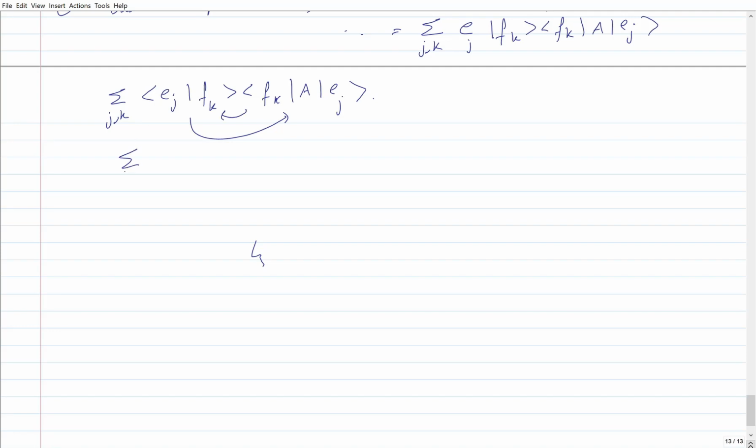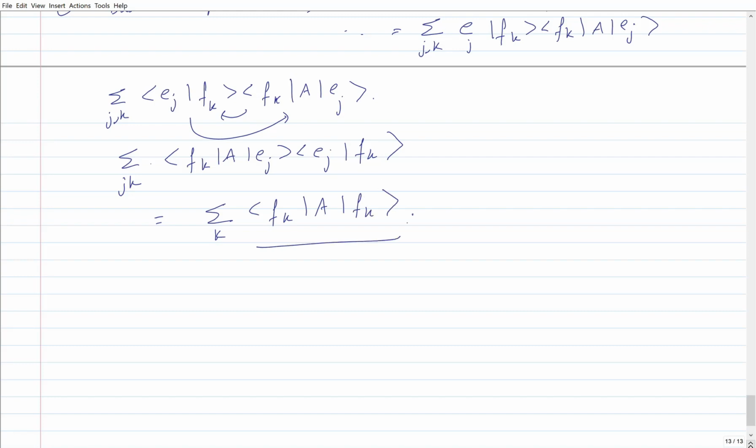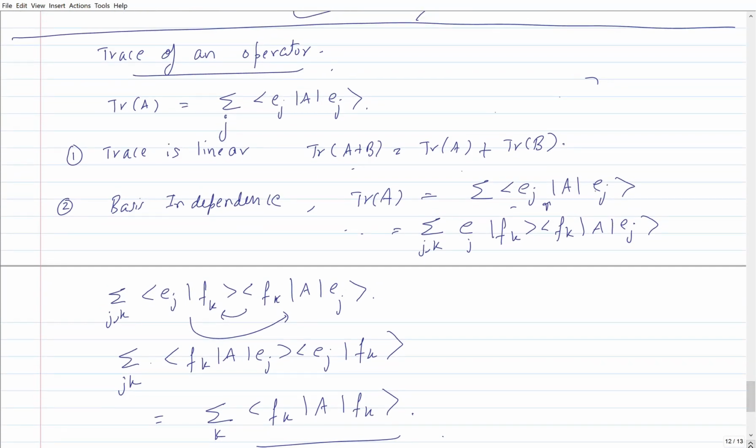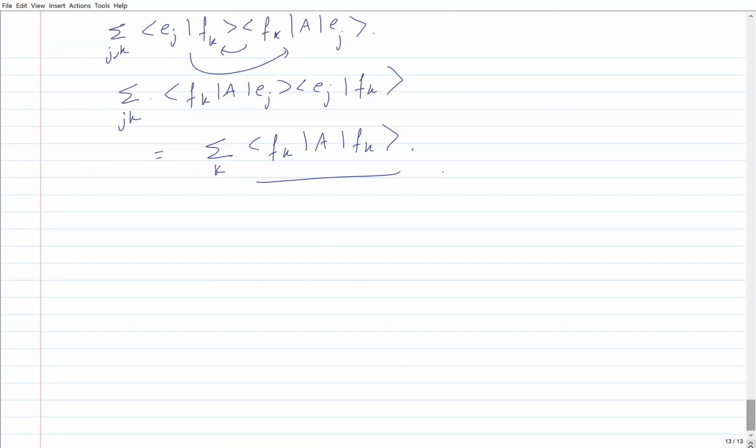I get, and I get, so I started with evaluating the trace in some basis ej, which was exactly equivalent to evaluating it in another basis.